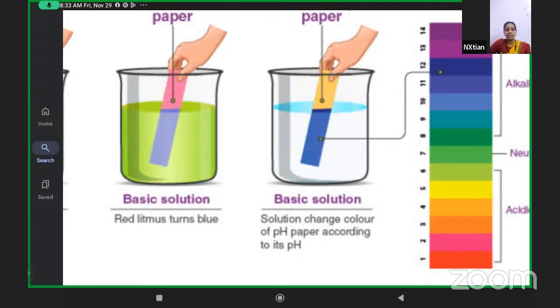Now do one thing. Take the first strip that turned red. Once again, take the first strip, the detergent one. Yes, the detergent one. Now put it again in the lemon juice. Okay, put it in the lemon juice. It will again turn yellow.